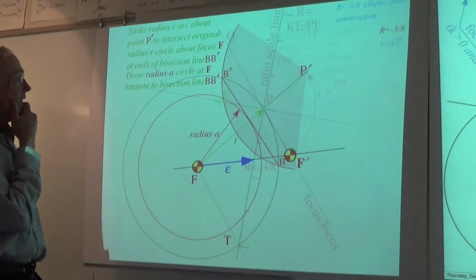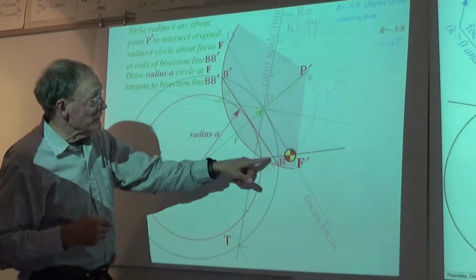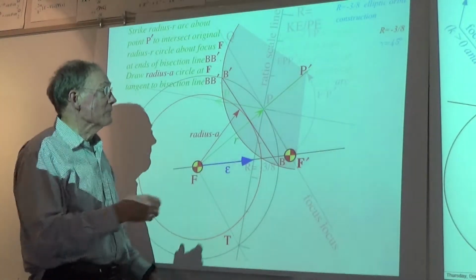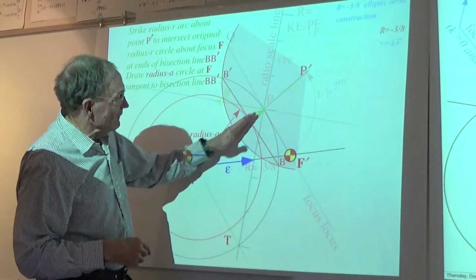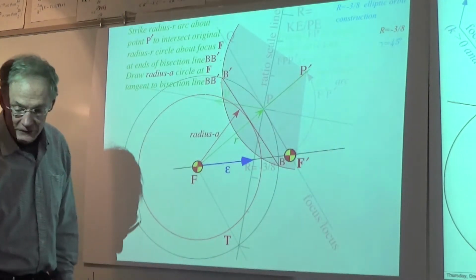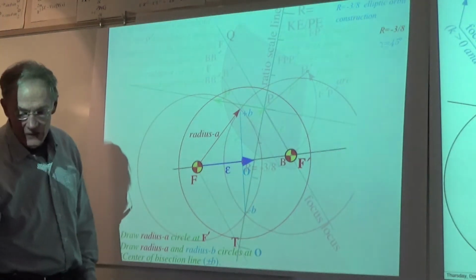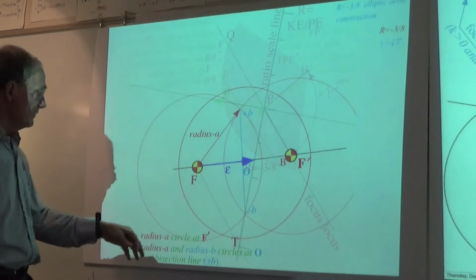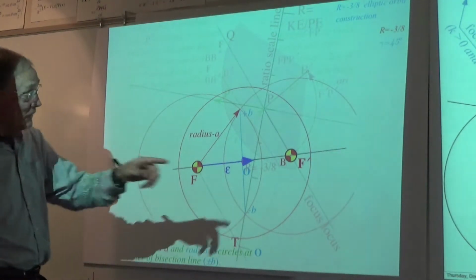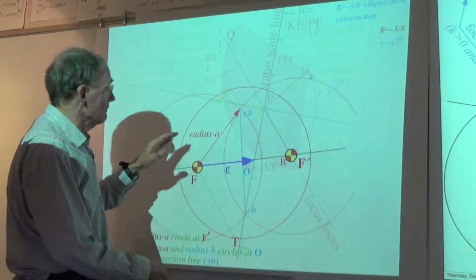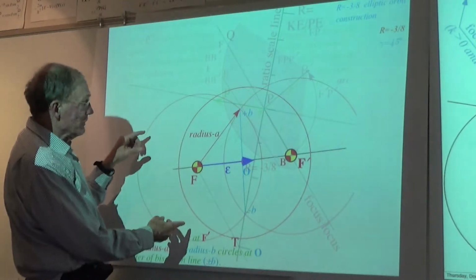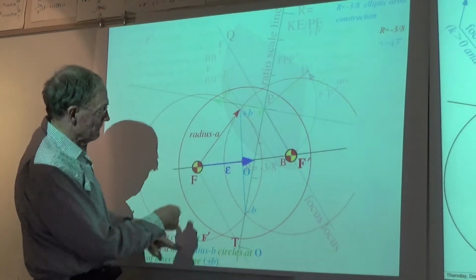Once we've got that, now I've got something that's perpendicular to the radius that I can work with. And the next step on this is to draw a radius A circle around this guy. So that radius A circle can be matched up with a radius A circle around the main focus.